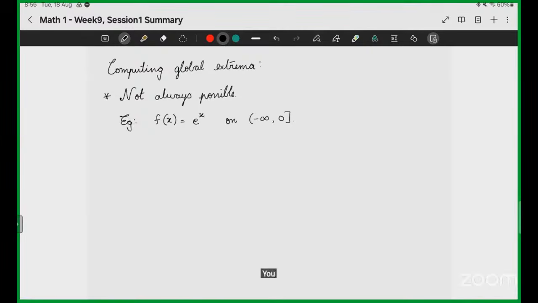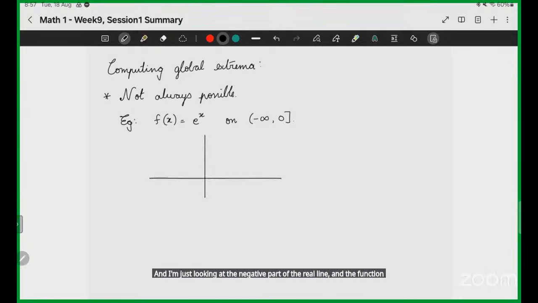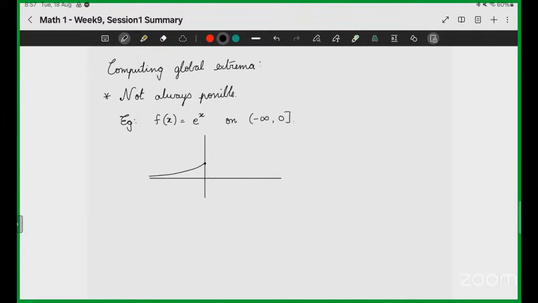You know the graph of e to the x. I'm just looking at the negative part of the real line and the function above that part. So you have the function to be something like this, point included. Does this have a global maximum? No.